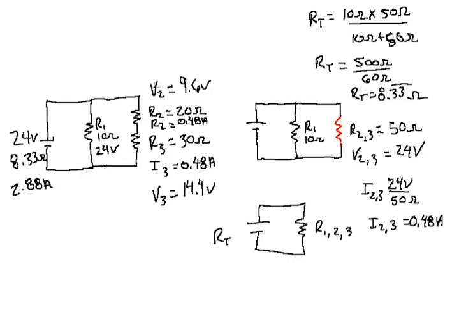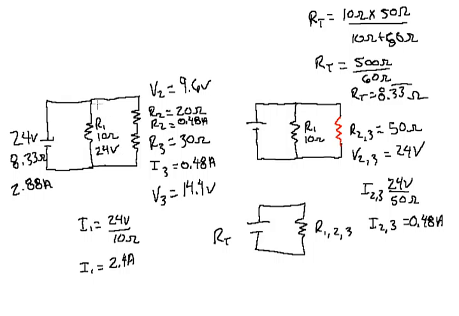So we've solved everything for these two, and we just need to solve for this one. Ohm's law says I1 equals 24 volts divided by 10 ohms. I1 equals 2.4 amps.